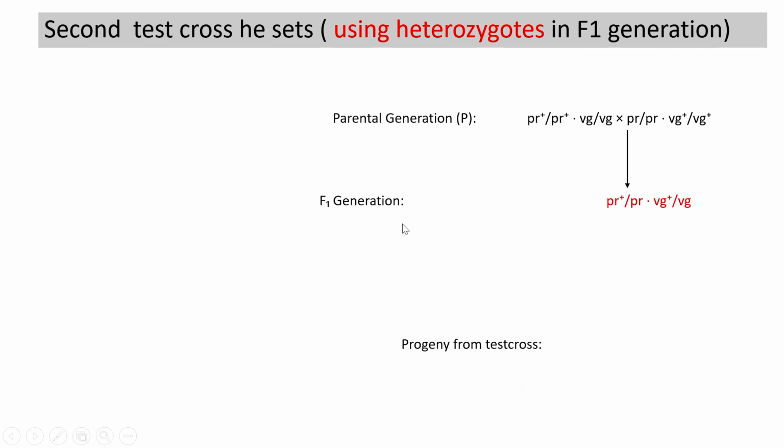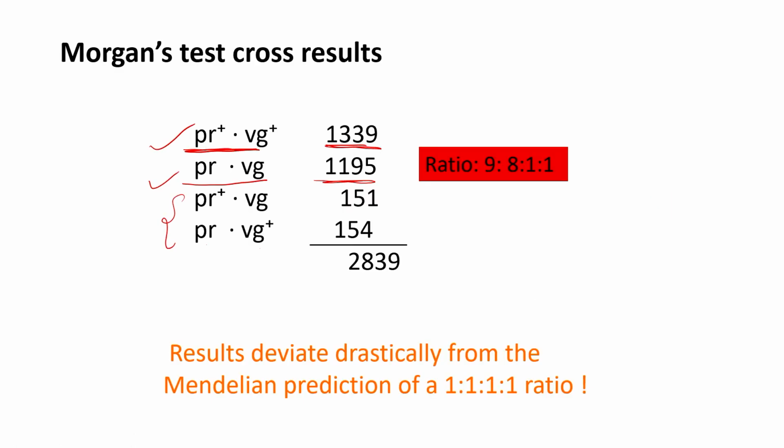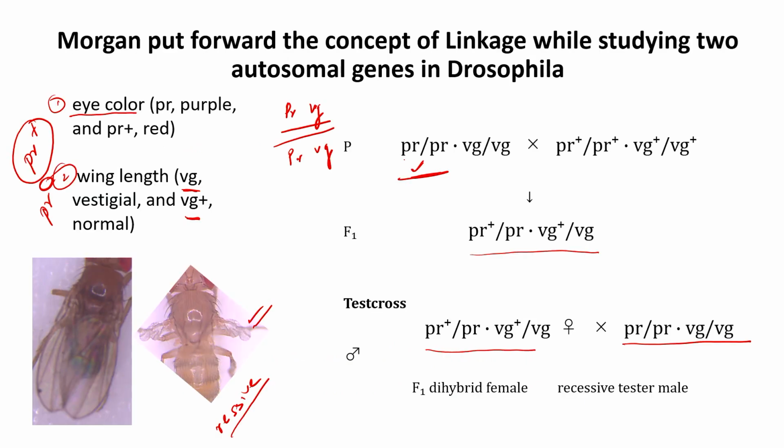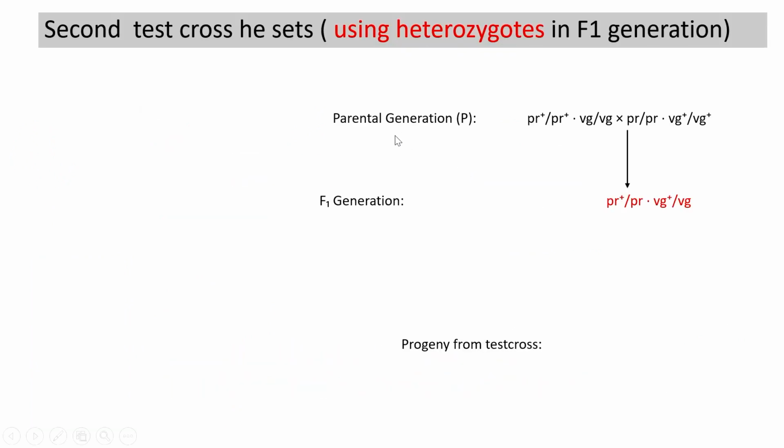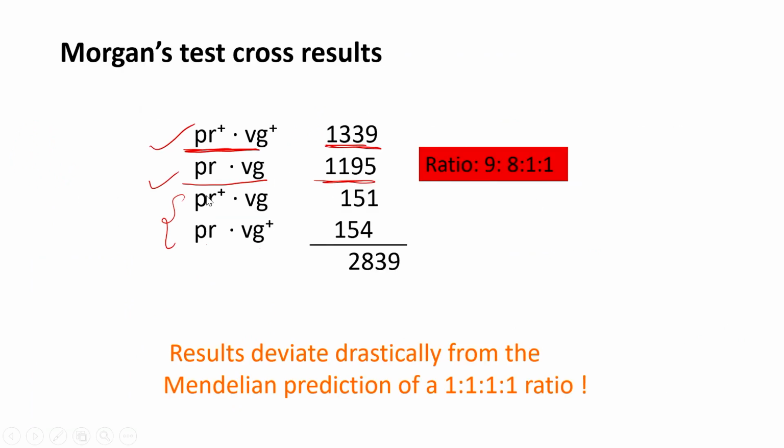Now, pay attention that in this cross they are homozygous, purple and vestigial or wild type for wing and eye color. Now, what he did is he used this combination, the recombinant. We will talk about recombinants a little later in more detail, but just see there is one gene which is normal and another which has a mutation.